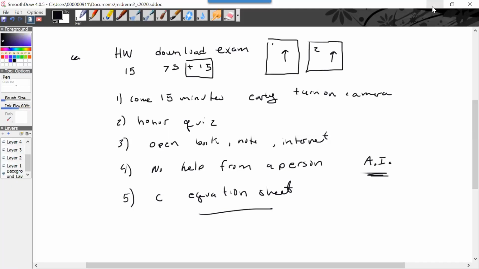Open book, open note can lend you to a false sense of security. If your Roomba can help you, we are in serious trouble for our careers.